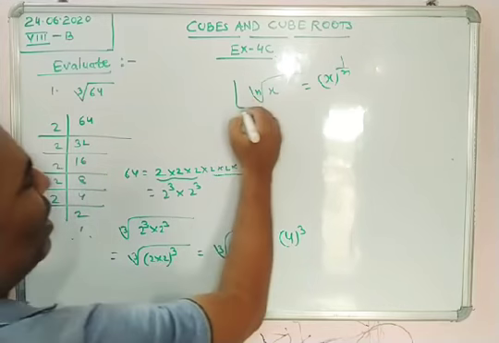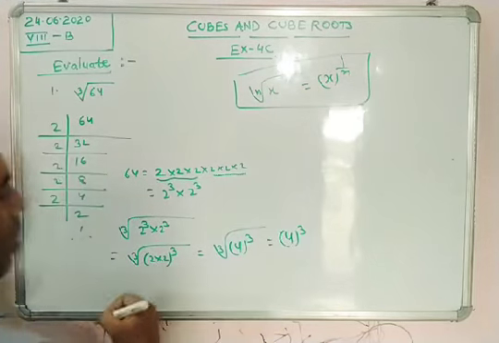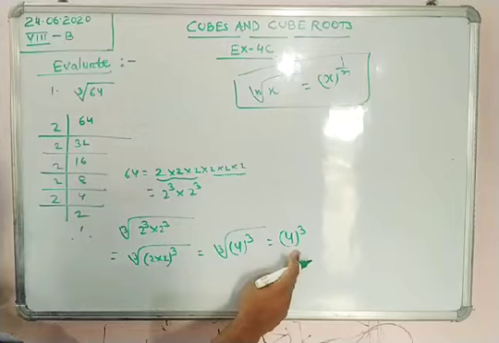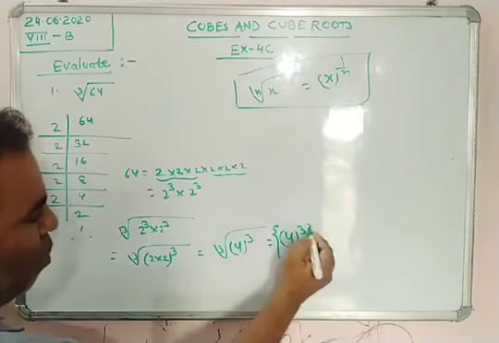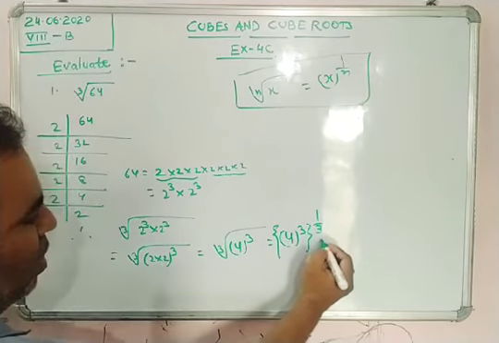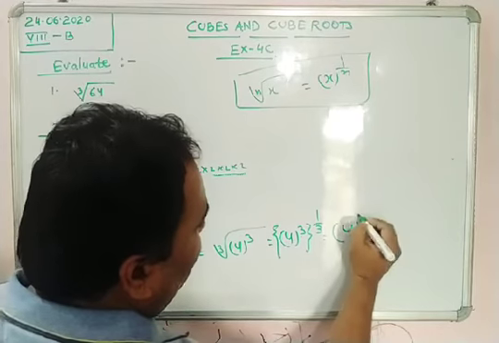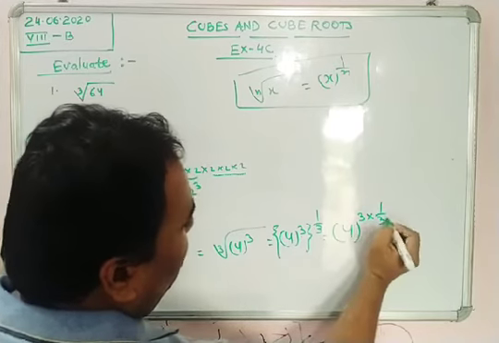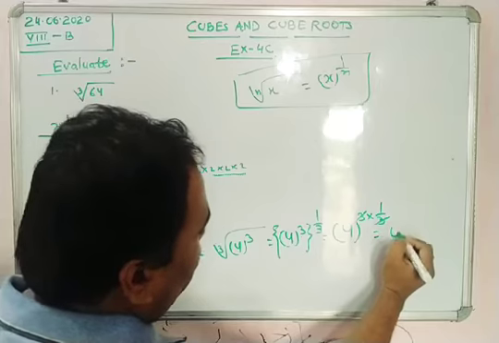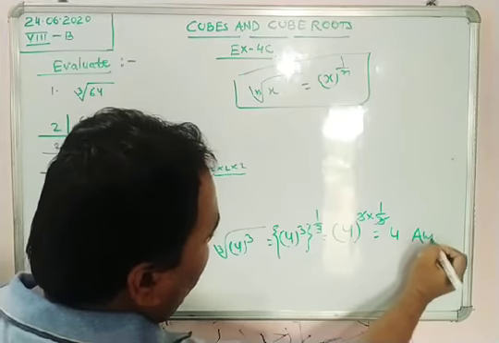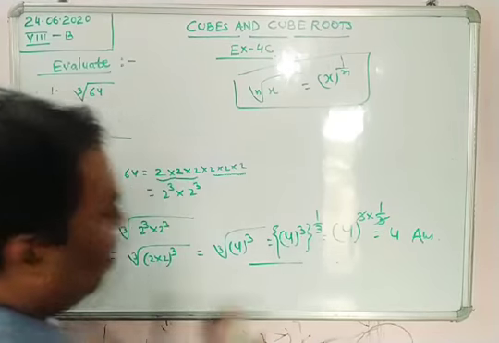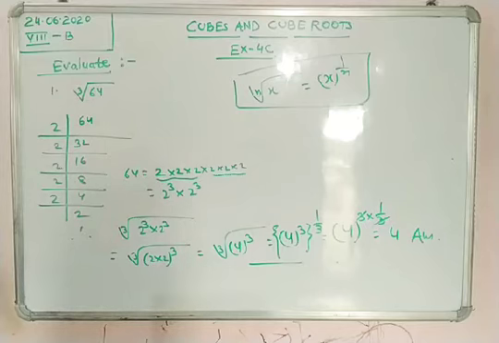We will use this exponential rule here. So 4 to the power 3, to the power 1 by 3. Power to power, we have learned in the exponential rule, gets multiplied. So 4 to the power 3 into 1 by 3. The 3 gets cancelled, so 4 is the cube root of 64. Understood, students?